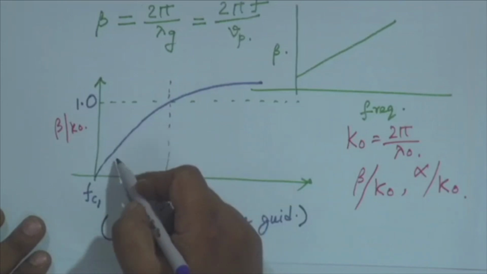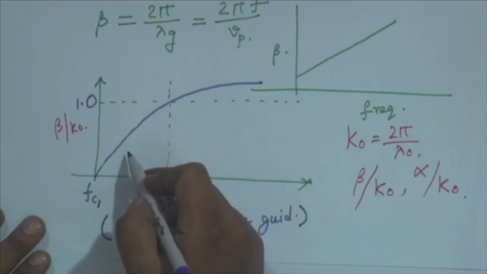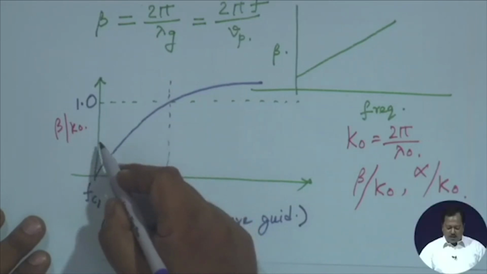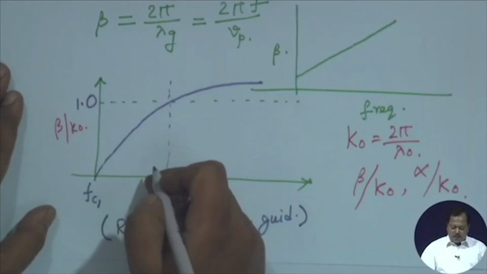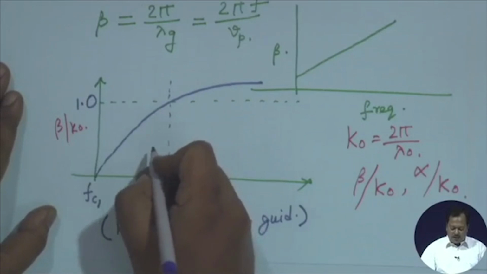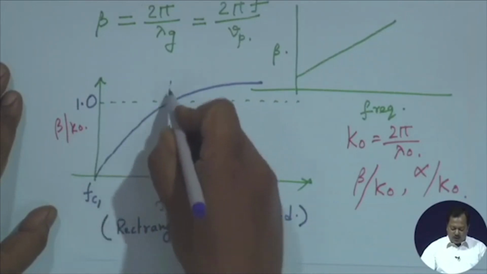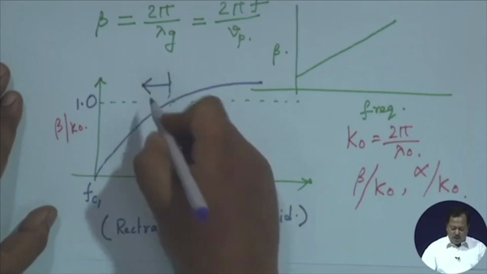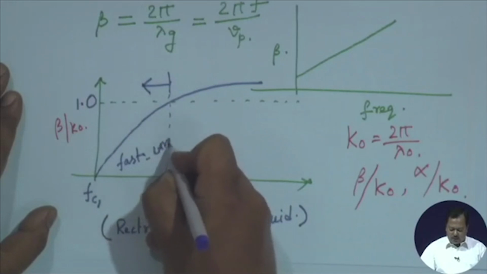So, below this beta by k naught is less than 1. What that means? Beta by k naught is less than 1, so we have Vp, phase velocity, higher than c, and we call this left hand side part the fast wave region.